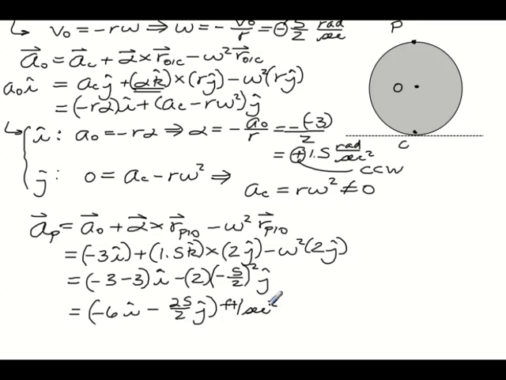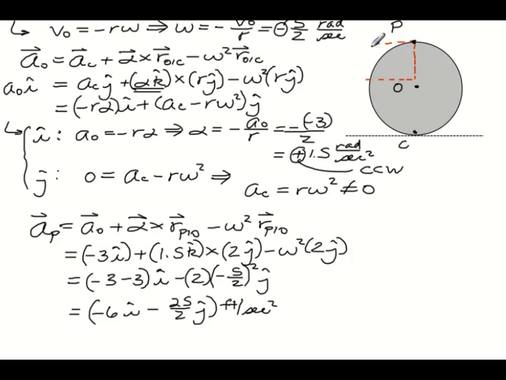So we see that the acceleration of P has a negative component in x. It has a negative component in j. It looks like the j component is 12.5, so it's a little bit more than twice that for x. So here where we're asked to make a sketch, we see that if I draw this scale here as being like a minus 6, then twice that would be something like that.